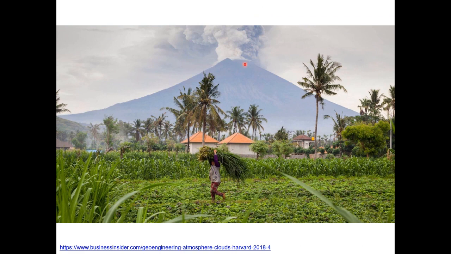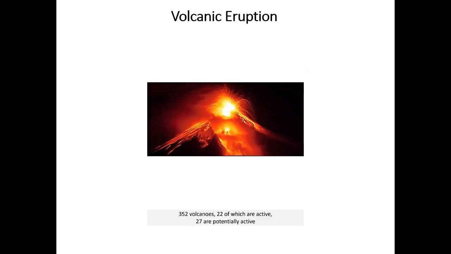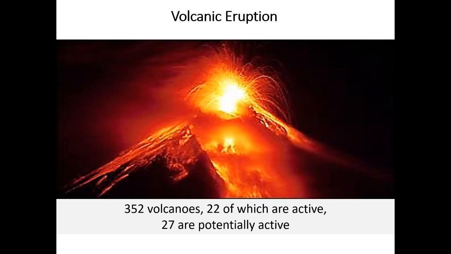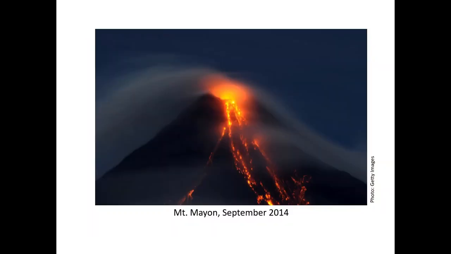So these are examples of natural calamities that also affect the air quality. So volcanic eruption. In the Philippines, we have 352 volcanoes, and 22 of which are active and 27 of which are potentially active. So this is Mount Mayon in September 2014.